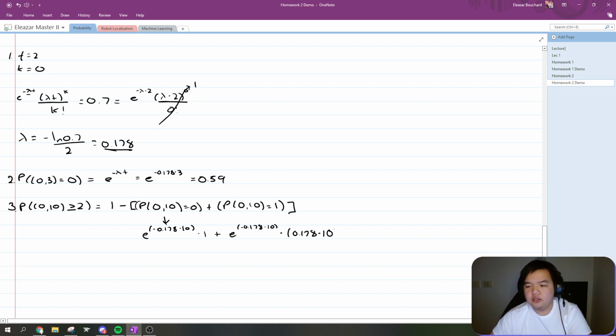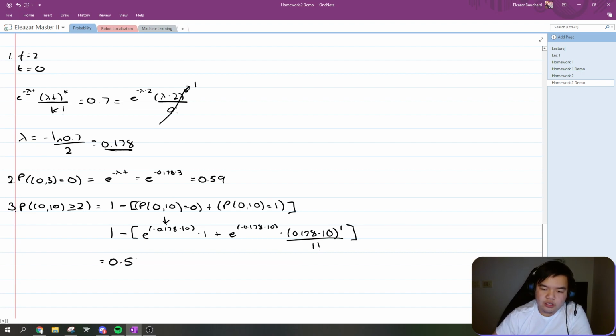That's what t is, and that'll be to the first power, as well as this on the bottom. So we have 1 subtracting all of this, and if you work that out on a calculator, it'll get us to 0.53 as our final answer.